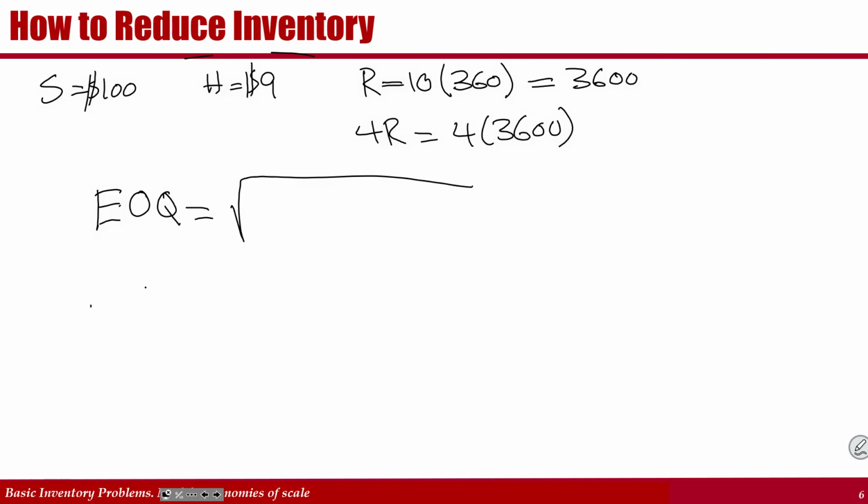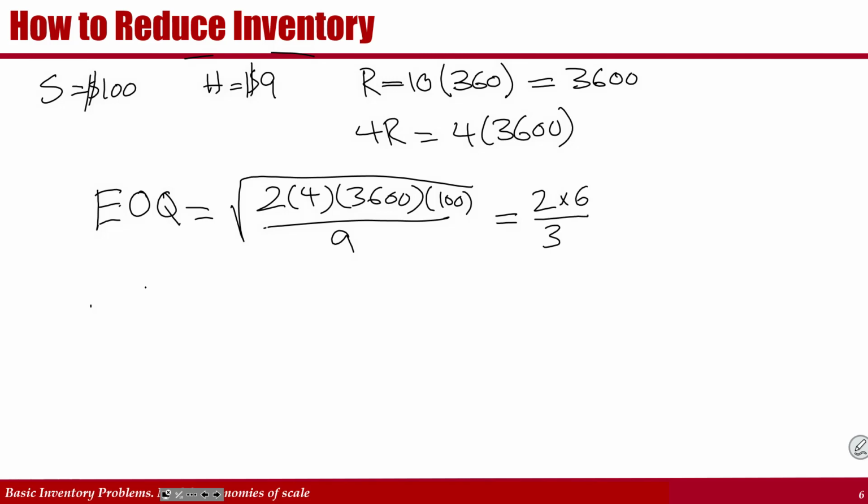Q is equal to the square root of 2 times D, which is 4 times 3600, times S, which is 100, divided by H, which is 9. 4 becomes 2, 36 becomes 6, 9 becomes 3, 100 and 100 become 100, so that is 400 times the square root of 2.